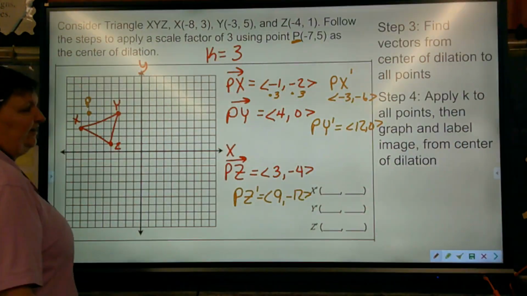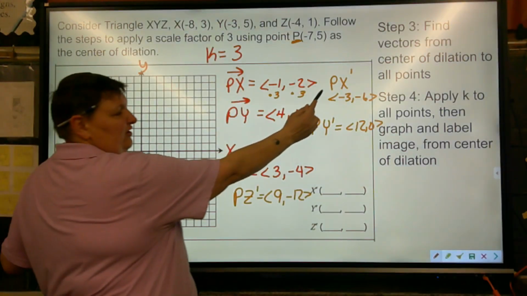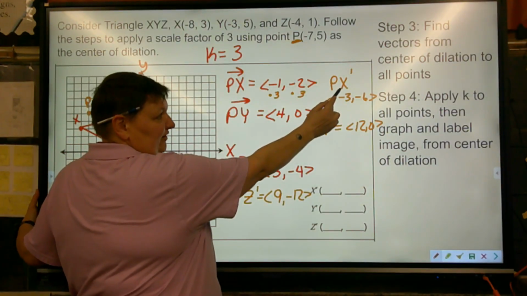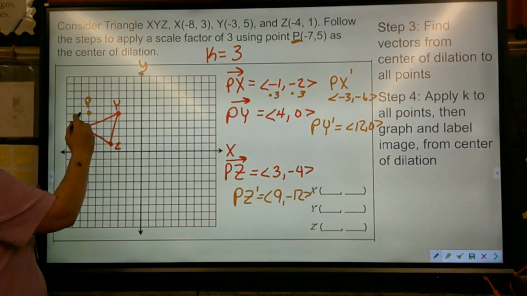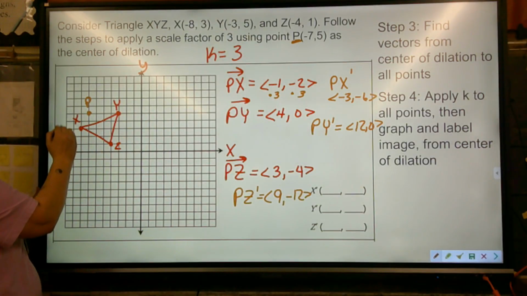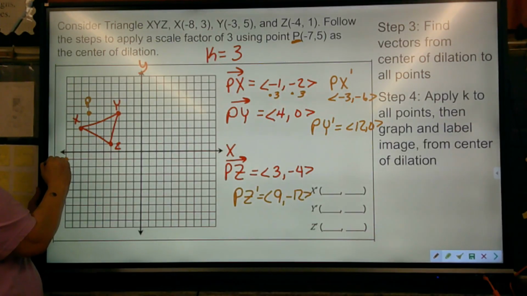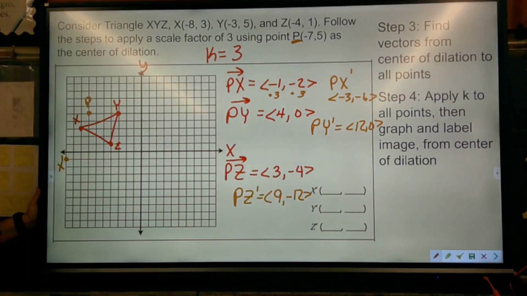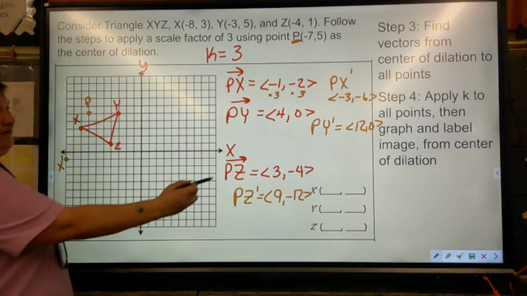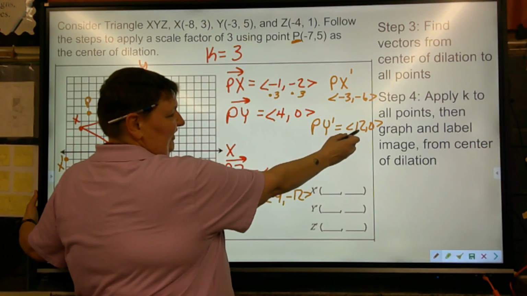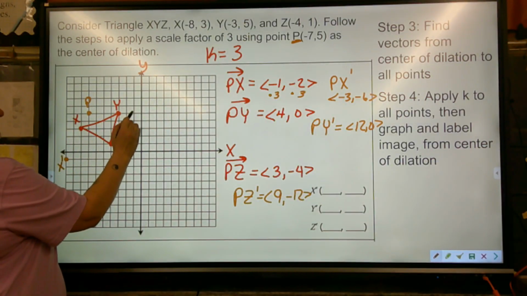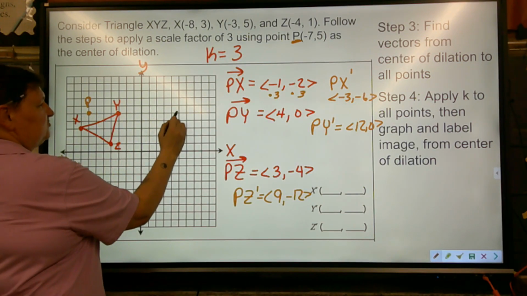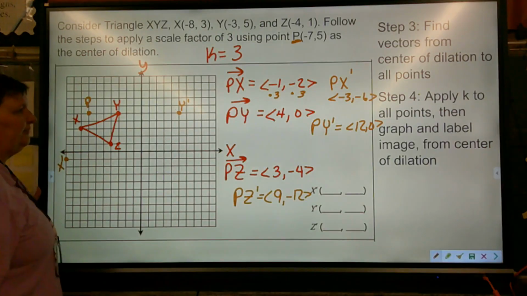So in case you forget where to start, it tells you from P to X prime, you go left 3, down 6. Start at P. Go left 3, down 6, and that will be X prime. Again, start at P, go 12 to the right, and that'll get you to Y prime. 1, 2, 3, 4, 5, 6, 7, 8, 9, 10, 11, 12.